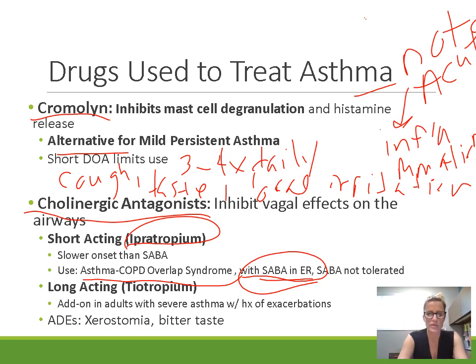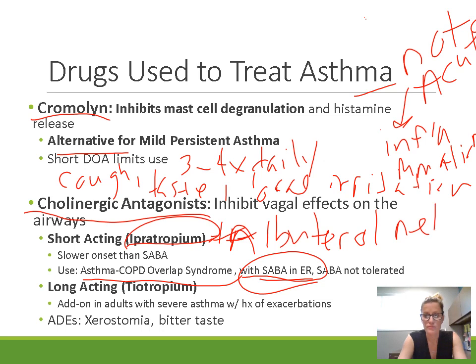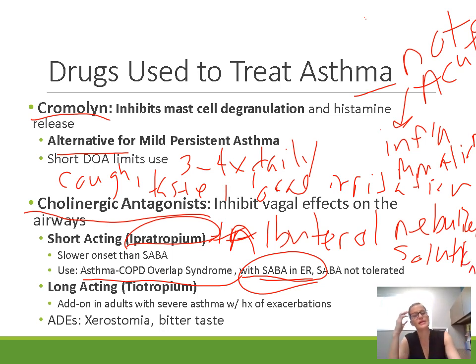Frequently, we'll see both ipratropium plus albuterol used in a nebulizer, so nebulizer solution. In patients who end up in the emergency room with an exacerbation, you can sit them down and get them the nebulizer solution with both a short-acting beta agonist and the short-acting cholinergic antagonist.